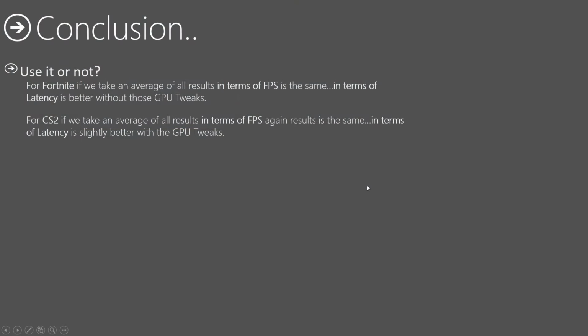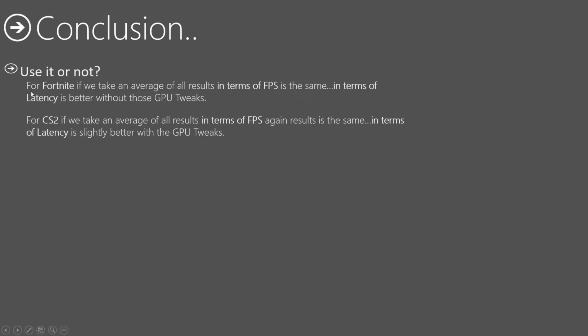So we're coming to the conclusion of whether we should use this tweak or not. In Fortnite, I would say it's not a good option at all. In CS2, maybe. In the latency part, we can say that we have some improvement. If we believe the PC latency with FrameView, it was 1 millisecond lower, so you may give it a try if you play CS2.